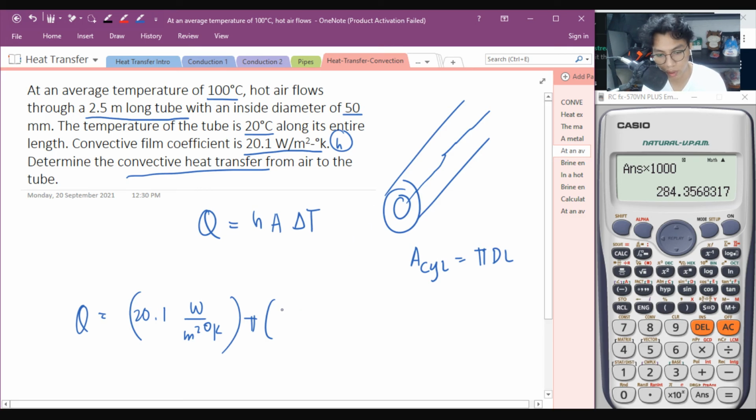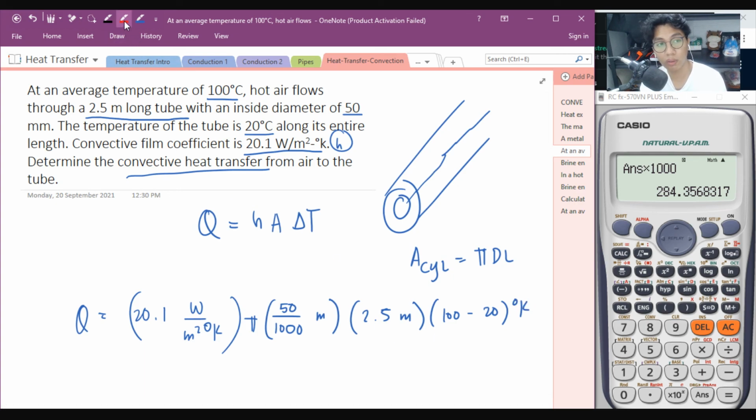So, gawin nating meters. 50 divided by 1,000 para maging meters. And then pi dl, the length is 2.5 meters. In delta T, from 100 degrees Celsius, tapos 20 degrees Celsius. Degree Kelvin na to kasi change in temperature.